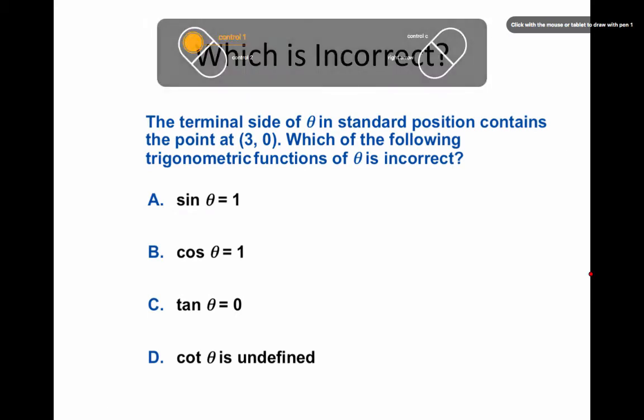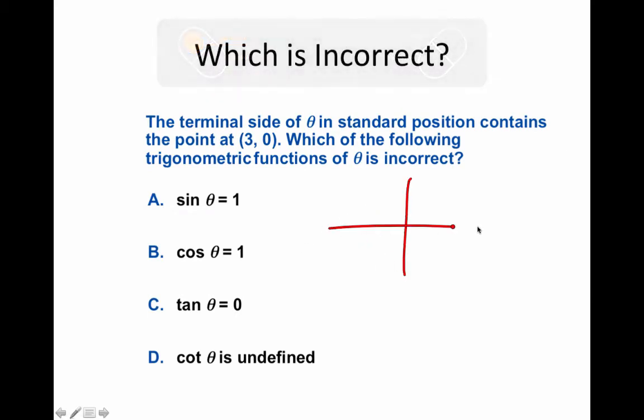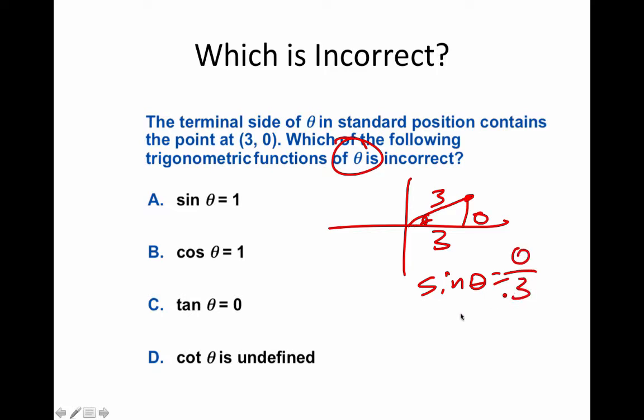(3, 0). Again, fake triangle. 3 to the right, 0 up. Can you go 0 up? Absolutely not. So we're actually out here at 0 degrees. And then I go a radius of 3. Well, which of the following is incorrect? Well, here's my angle. Sine would be opposite over hypotenuse.